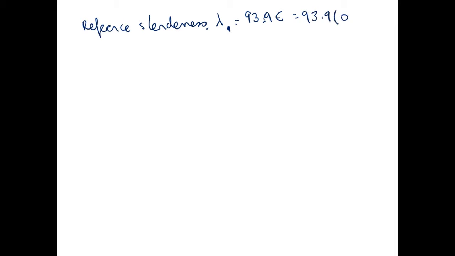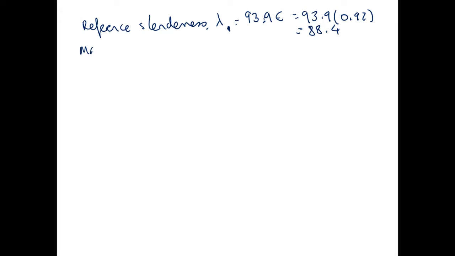We said that the reference slenderness value is equal to 93.9 epsilon, which is 93.9 times 0.92, which is 88.4. So that's the reference value.